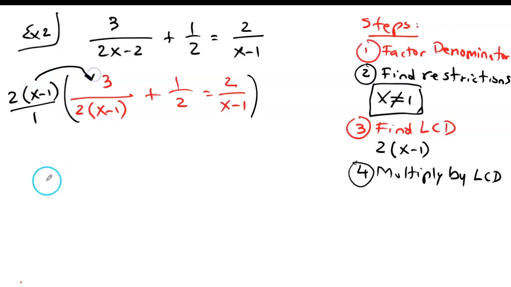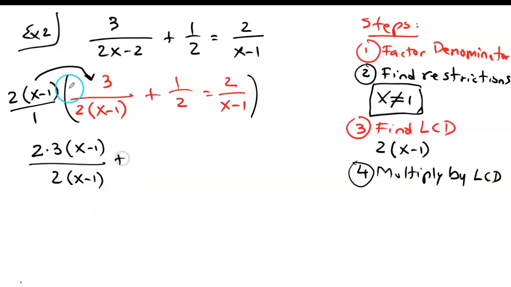This times this. I'm going to leave everything indicated. So it's 2 times x minus 1 times 3, over 2 times x minus 1. Plus that times 1. 2 times x minus 1 times 1 is 2 times x minus 1. 1 times 2 is 2.